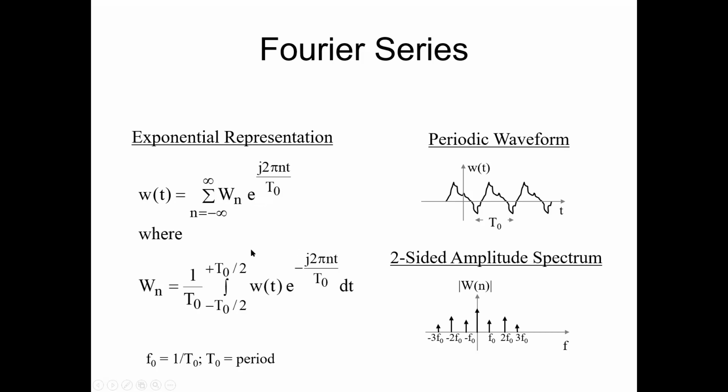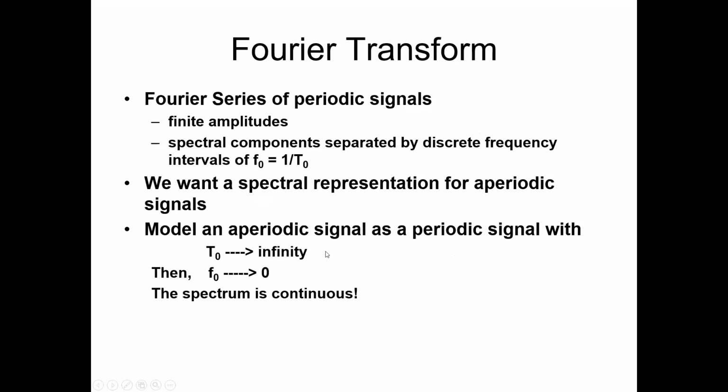This is a signal we have already seen before. So the Fourier series of a periodic signal has finite amplitude spectral components separated by discrete frequency intervals of f naught equal to 1 by T naught. So it has this finite amplitude and it has an interval, that is the period.